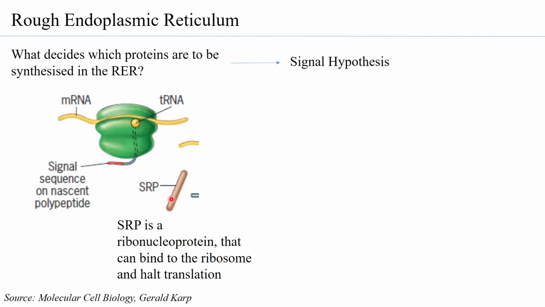Because it has RNA, the signal recognition particle is able to bind to the rRNA present in the small ribosome. Plus, the signal recognition particle can also bind specifically to the signal peptide. So our understanding now is that the signal recognition particle is a ribonucleoprotein that is able to recognize the signal peptide.